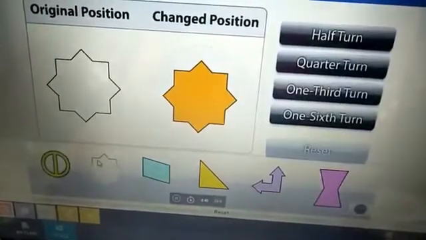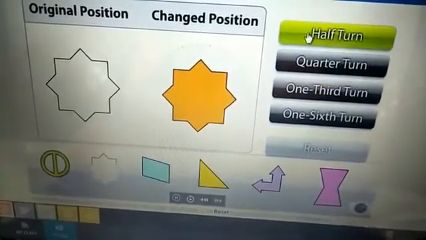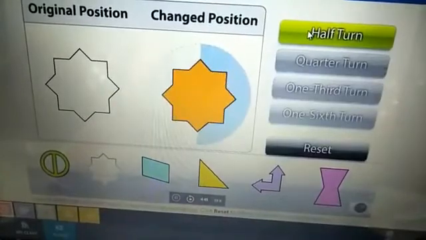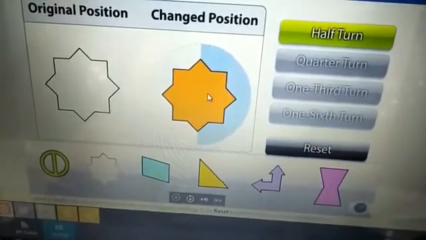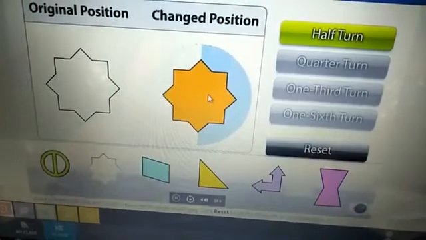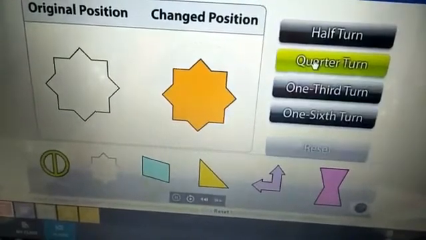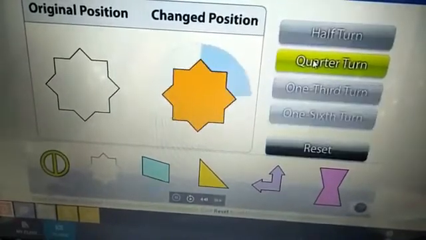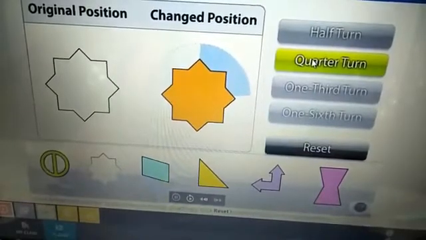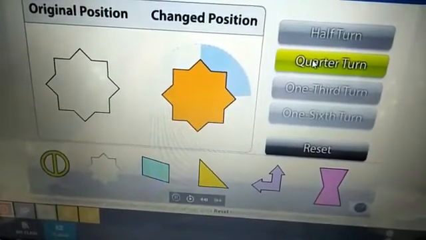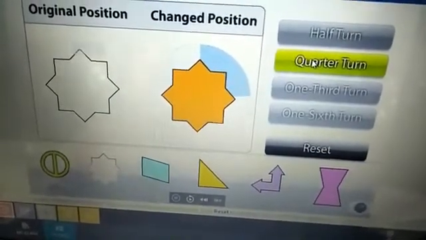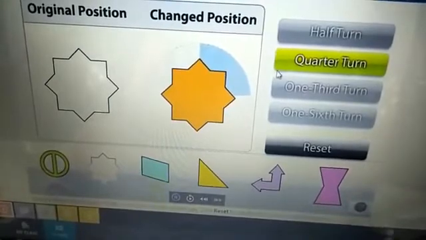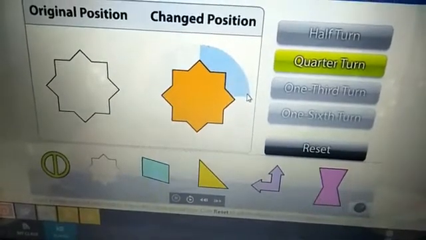Children, I select the second figure and I give the half turn. Yes, after the half turn it has come into the 180 degree. It doesn't have any change, it is the same position only. Next I will give quarter turn. Now also it doesn't change its position. The quarter turn is nothing but 90 degree.